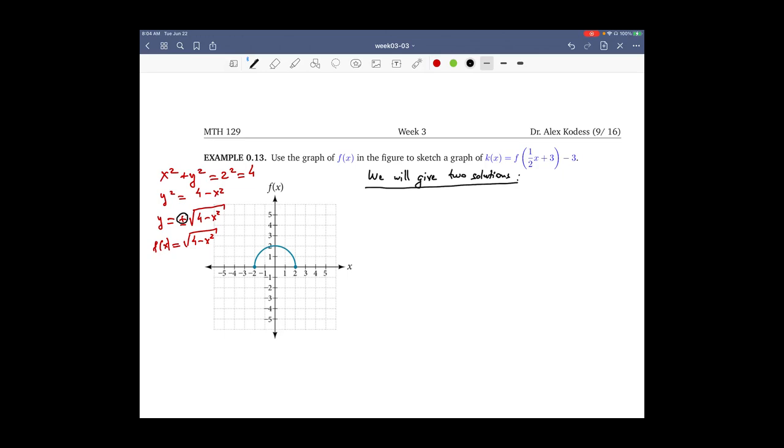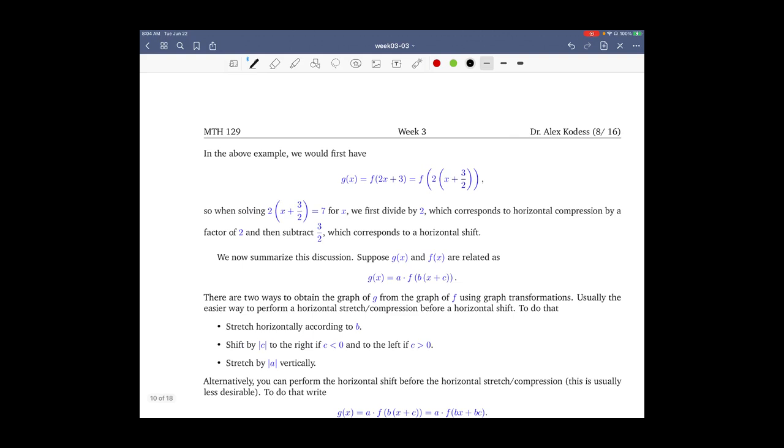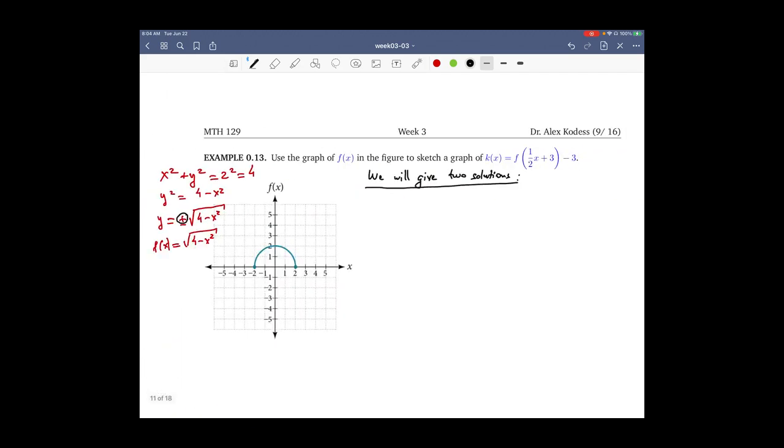One will be the preferred way. One will be the solution where we first stretch and then shift. In my opinion, it's always easier. First stretch or compress, and then shift.